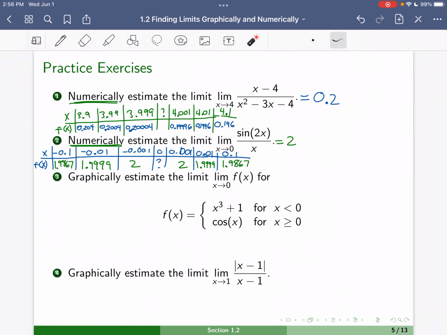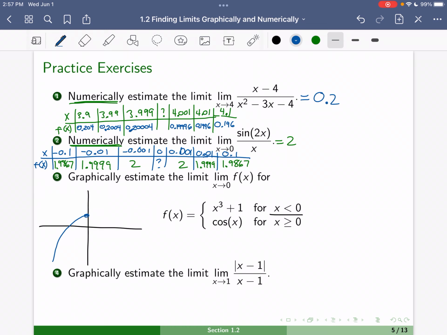The next problem asks us to graphically estimate the limit. If we're going to do that, we need to draw the graph. So this is a piecewise defined graph. For values of x that are smaller than 0, we have an x cubed plus 1 graph. So an x cubed graph is going to look like this.